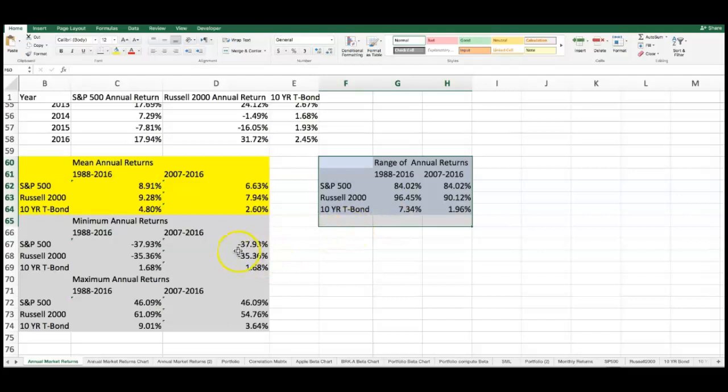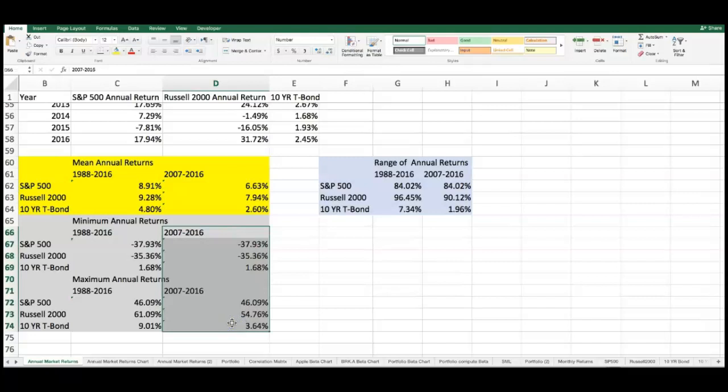And we see that same pattern playing through in 2007 to 2016, the last 10 years, where the S&P 500 ranged from a negative 37% to a positive 46%. By the way, the last 10 years captured the minimum and maximum value of the S&P 500 over the last 30 years or so. And then if we look at the Russell 2000, we see that variability is greater there, as well as with the T-bill, we see a bit smaller.